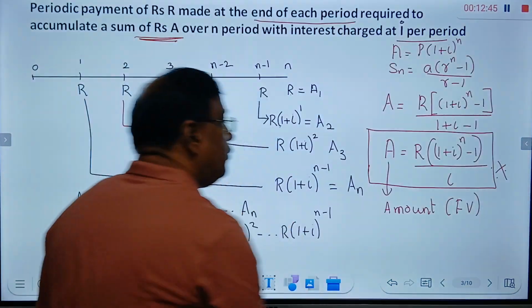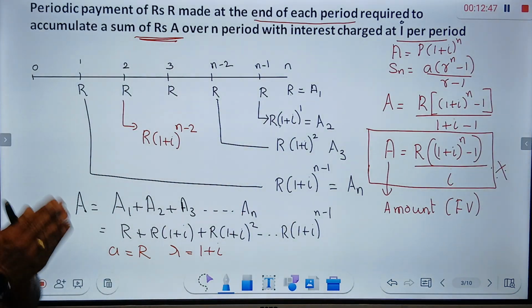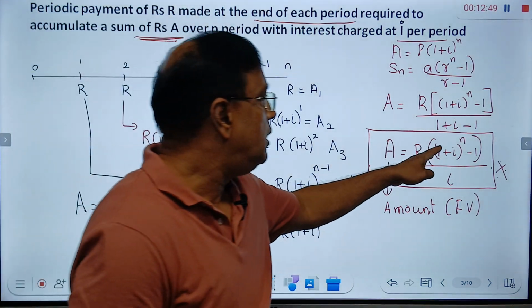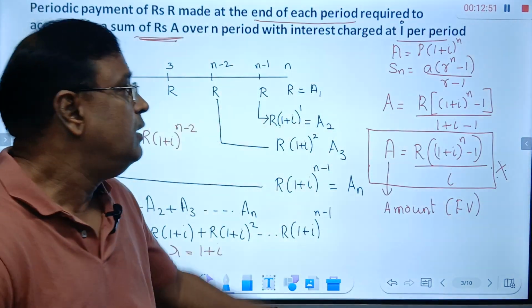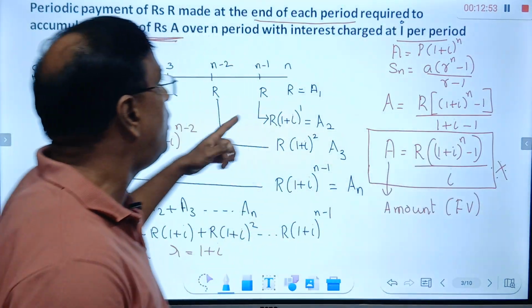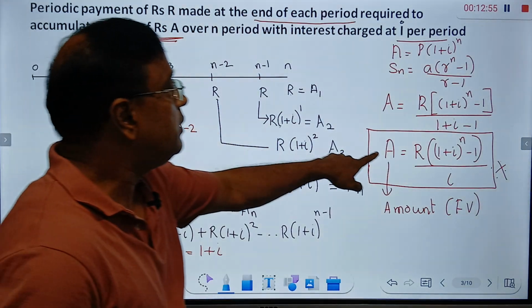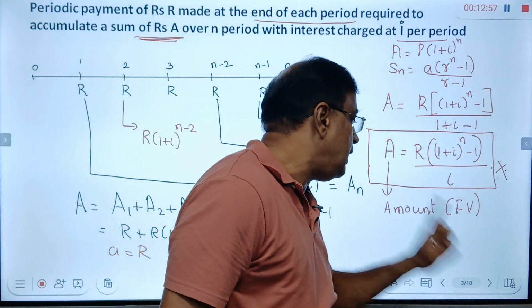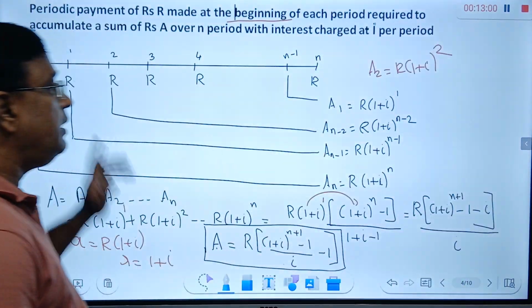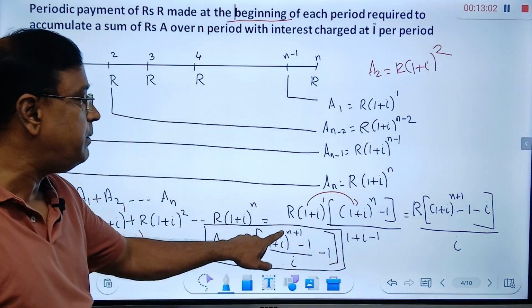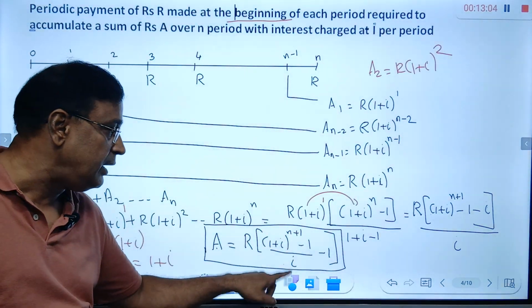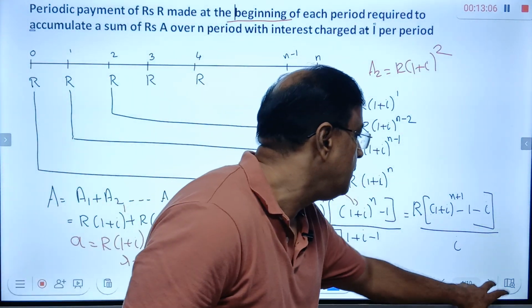So you have basically 3 formulas. In the NCERT book, most of the questions are based on payment made at the end. When you are making a payment at the end, the formula is R into 1 plus I power n minus 1 by I. If it is in the beginning, it is R into 1 plus I power n plus 1 minus 1 by I minus 1.